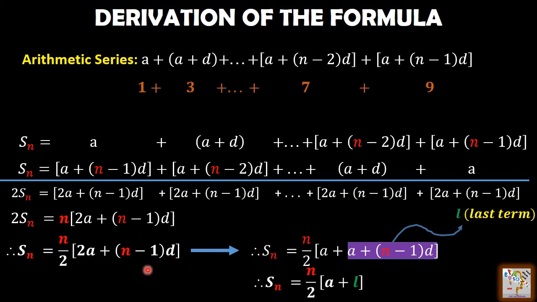You don't need n and d, and so on. If you know the last term, instead of substituting n and d, I can just write the last term. So in this case, I would write my last term as 9.